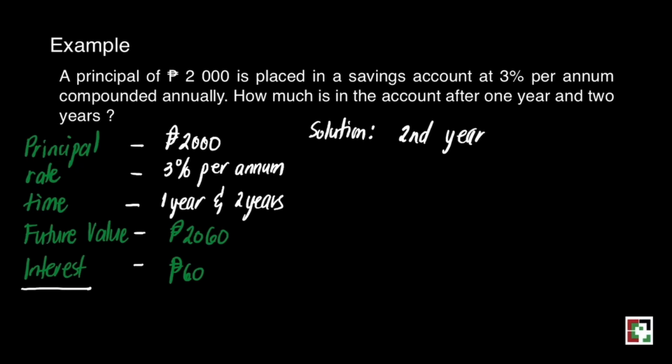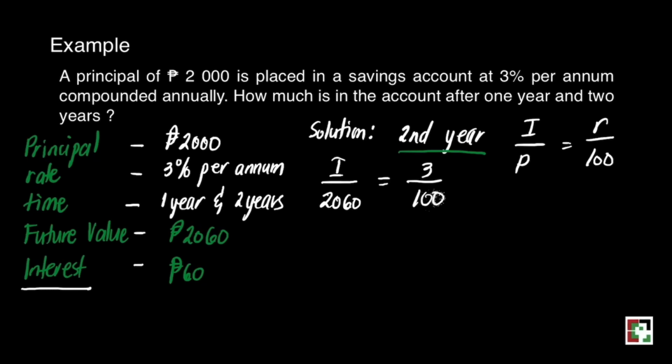So that's the difference between the compound interest and the simple interests. So for the compound interest, we'll be using now the 2,060 as our principal. And still the same, we'll be using 3% as our rate.